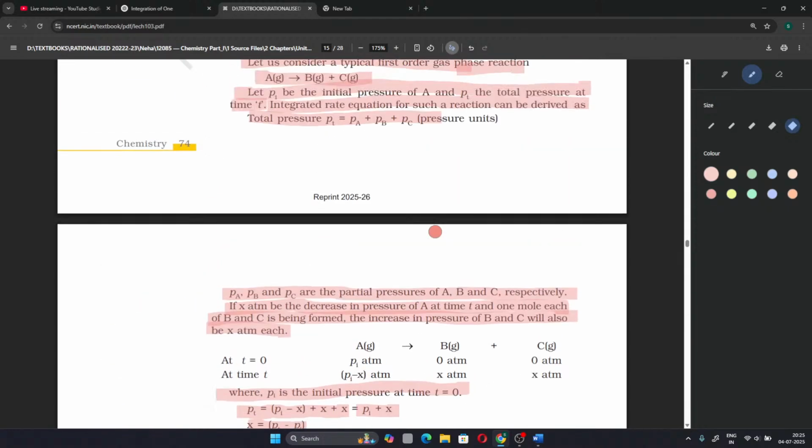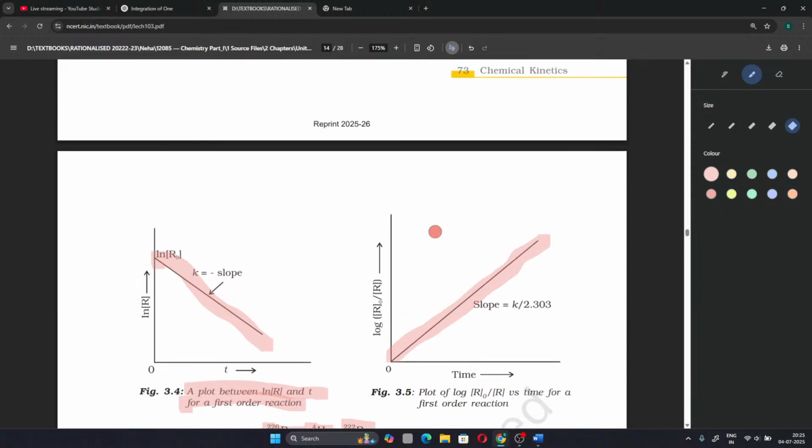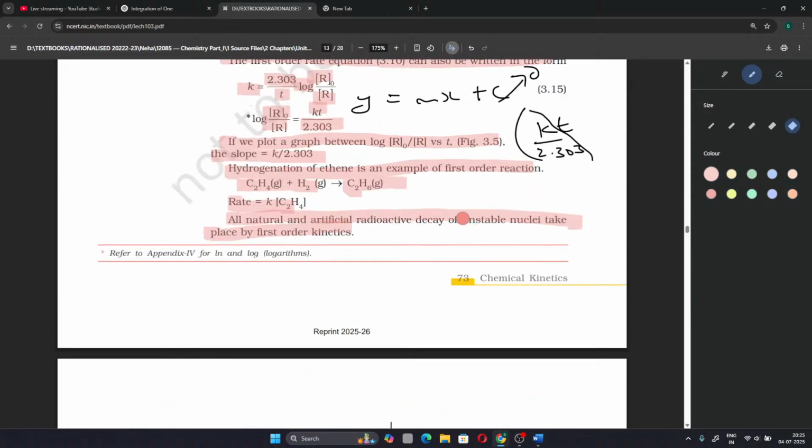As for how we got this formula, it comes from the basic first order reaction formula that we worked through, with many turns and twists.